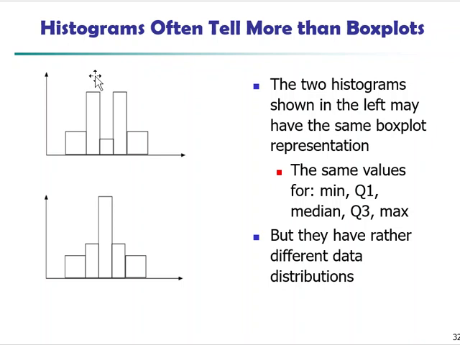The other is bimodal. So the distributions are different. However, if you look at their 5 number summary, you will see they have the same minimum value, same maximum value, same Q1, same Q3, and the median is most likely the same as well.